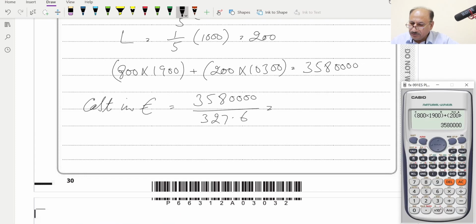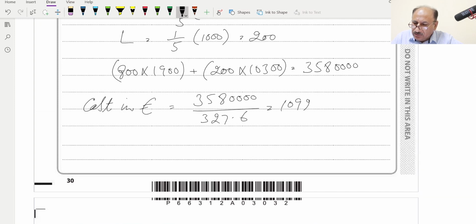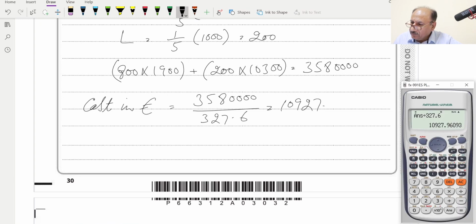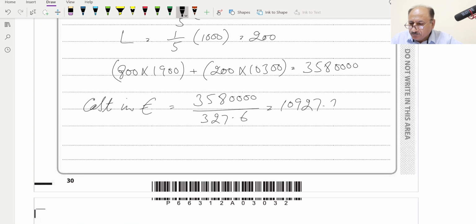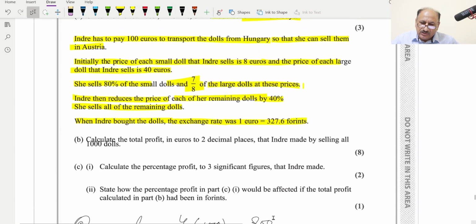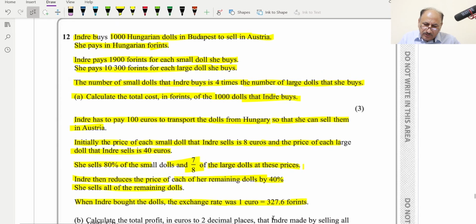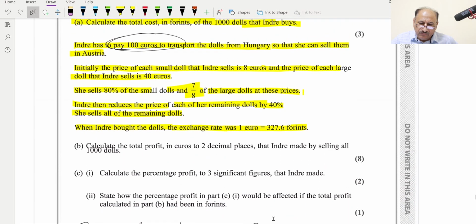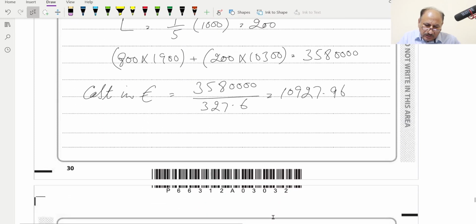This amount divided by 3 to 7.6 is equal to 109,109.96. So this many euros. Now the total cost will be how much? The total cost is 100 euros for transportation also, they have given. So what will the total cost be?